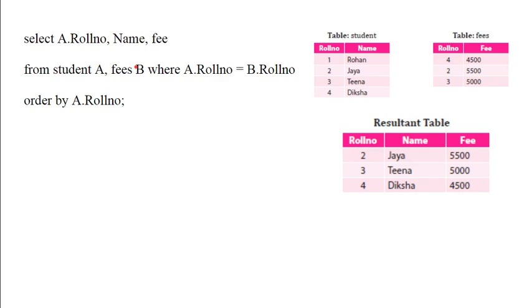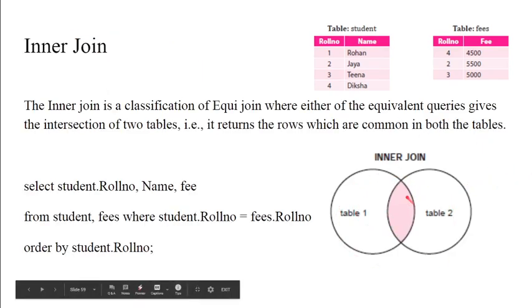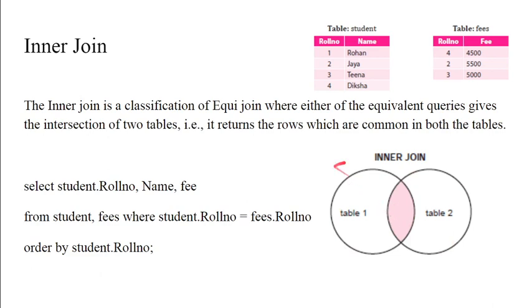In an equijoin statement, if all the common data in the 2 tables are selected, then it is called inner join.